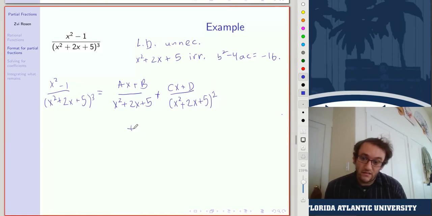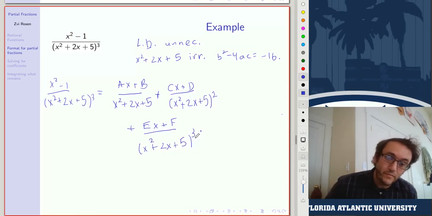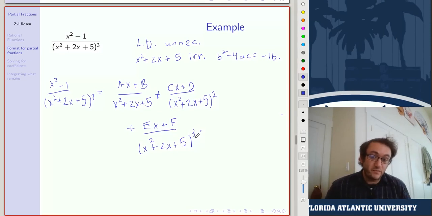And finally, the last term, Ex plus F, divided by the third power, x squared plus 2x plus 5 to the third. Okay? And that is the partial fractions decomposition for this rational function.